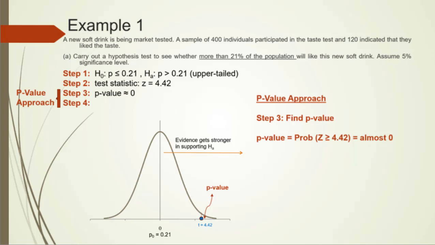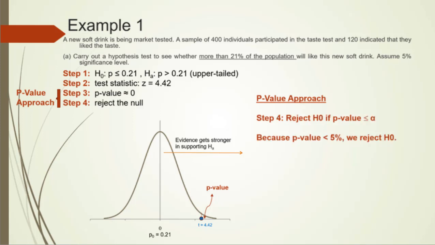The largest z-score on the z-table is 3.09, which has an upper-tailed probability of 1 minus 0.999, that is 0.001, a very small probability close to 0. Our test statistic 4.42 is even larger than 3.09, suggesting that the upper-tailed probability of 4.42 should be even closer to 0. That is essentially 0.